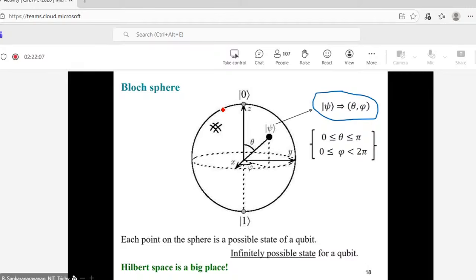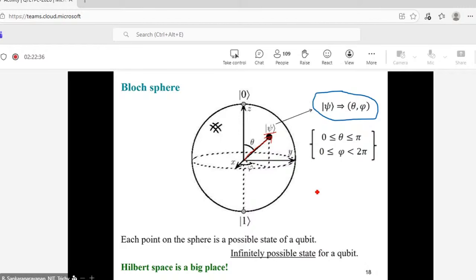So here, imagine there is a unit sphere of radius 1. And let's say that the center of the sphere is the origin. Then you draw a vector from the origin to the surface of the sphere, any point on the surface of the sphere. So this vector is nothing but your state psi. Okay.